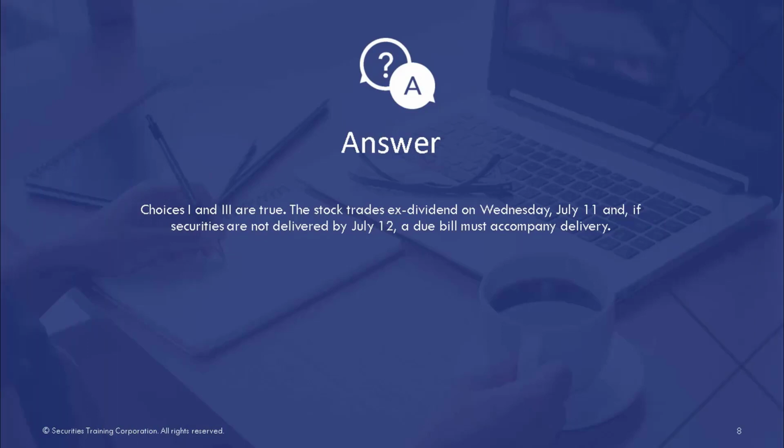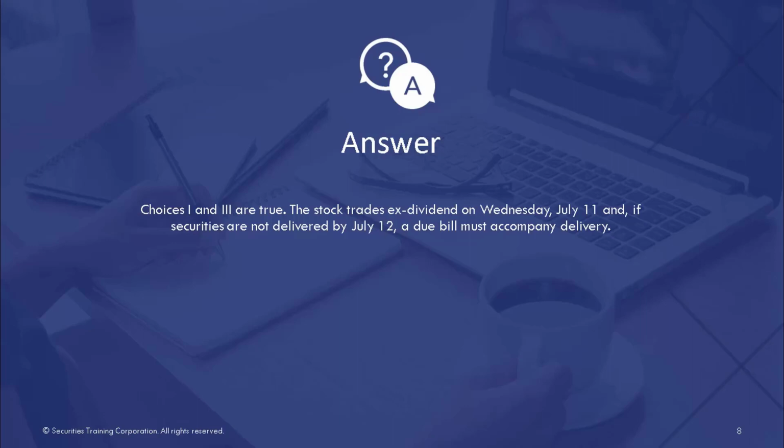The correct answer is that 1 and 3 are true. Yes, the ex-dividend date is Wednesday, July 11th. Now, why is 2 incorrect? Well, 2 is incorrect because July 11th is the ex date, and therefore the seller would not be entitled to the dividend.